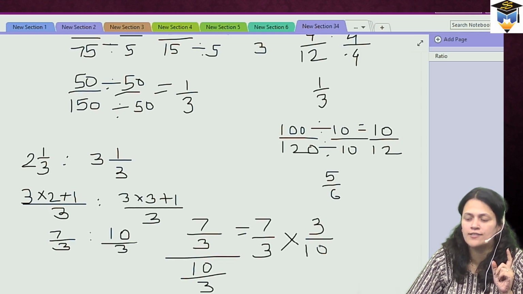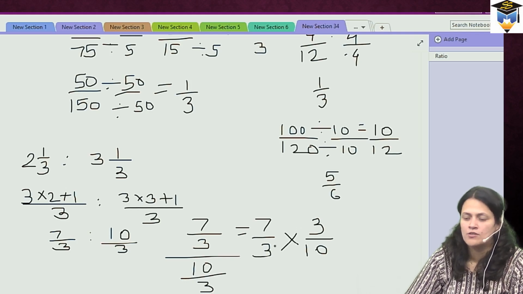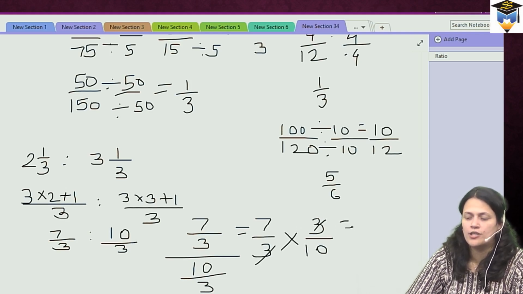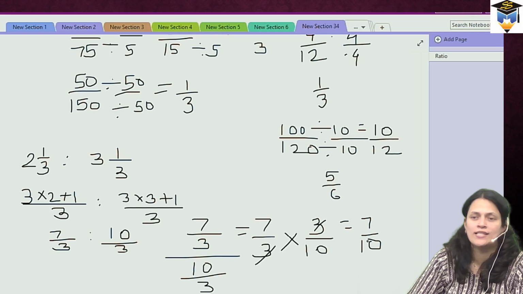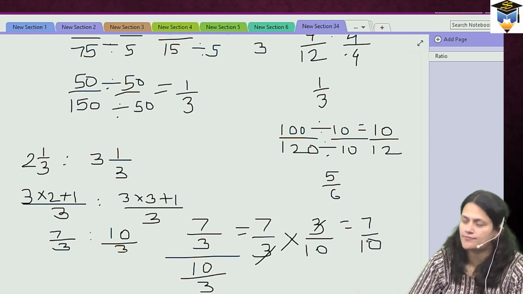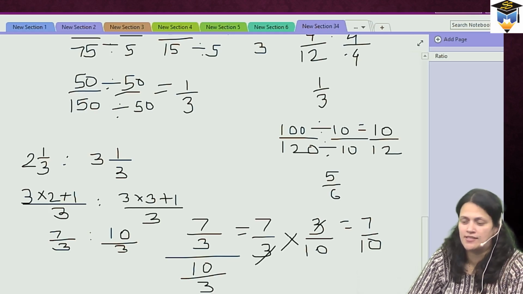Can we write it like this now? So this and this will get cut. What is the ratio? Which is nothing but the lowest form. Understood? Write it down. So this is an example of fractions and we are also going to take an example of decimals.